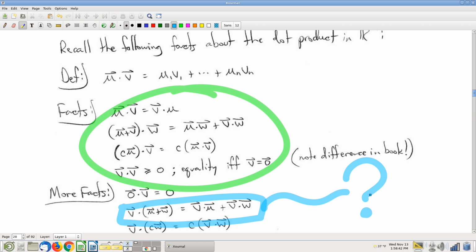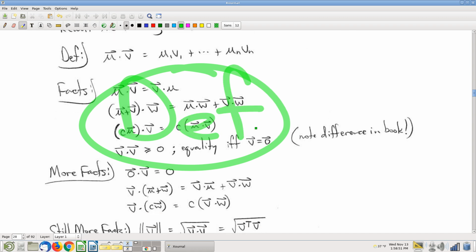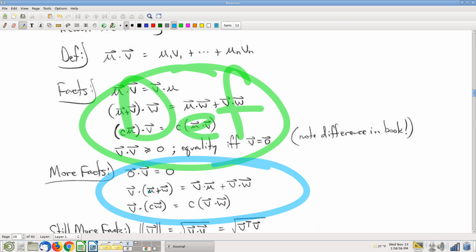Okay. So let me color code here. These make up the definition. These, what I call more facts, are free. Which is convenient.